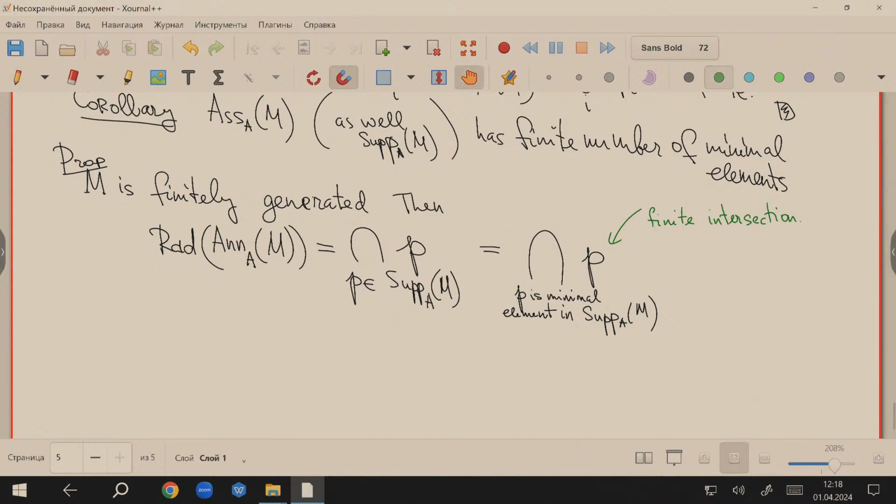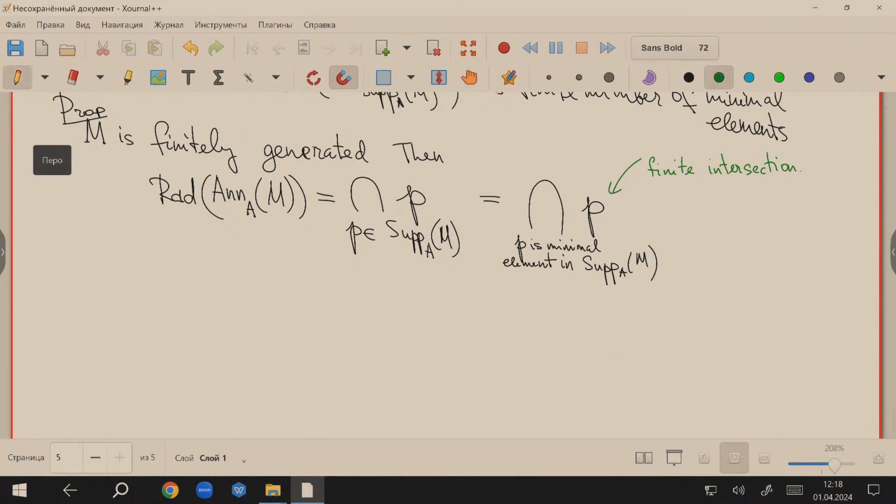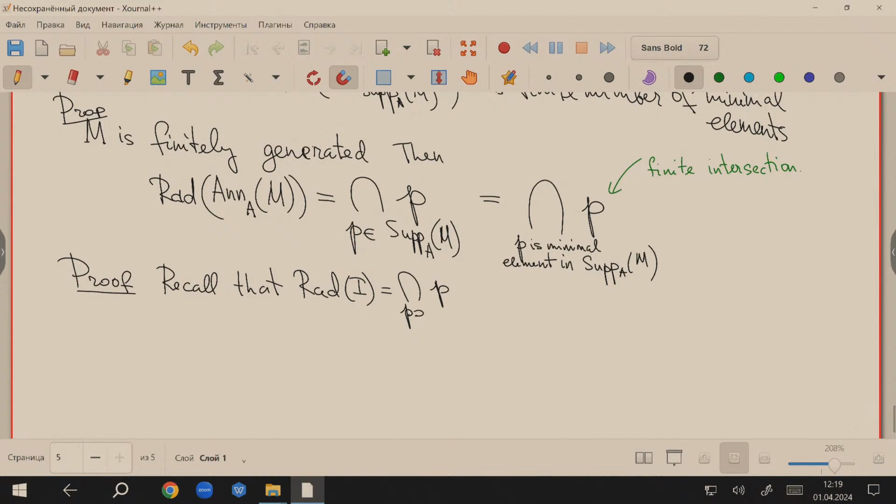And geometrically, this is precisely our, so let us recall that, even starting proof, but, so recall that radical of I is just the intersection of prime ideals containing I. So this means the following, that when you apply this statement to A mod I, you see what is the annihilator of this module?